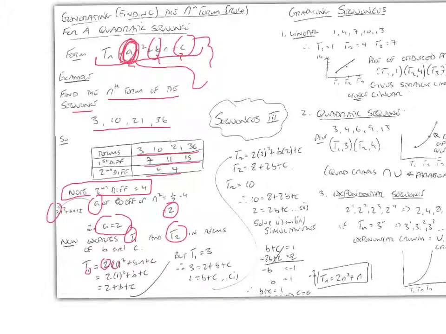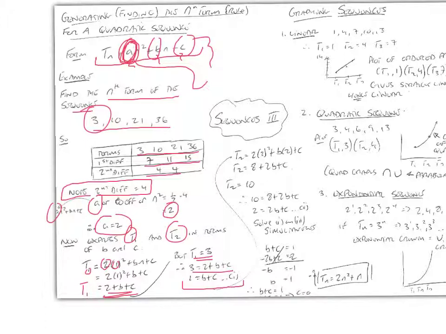So t1 is equal to 2 plus b plus c. From the sequence t1 is 3, so we let 3 equal this, and we generate the equation 1 equals b plus c.